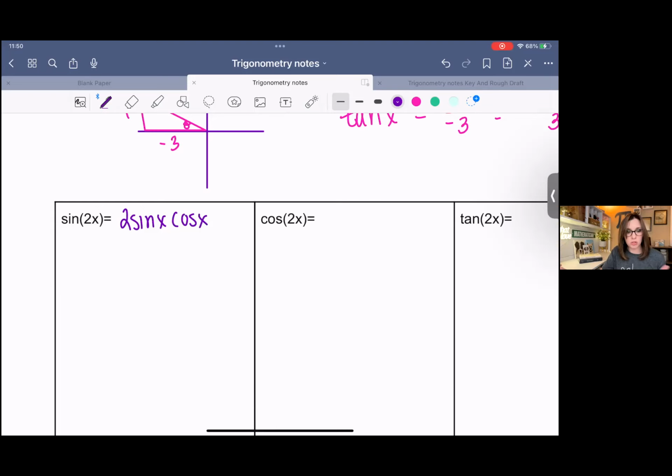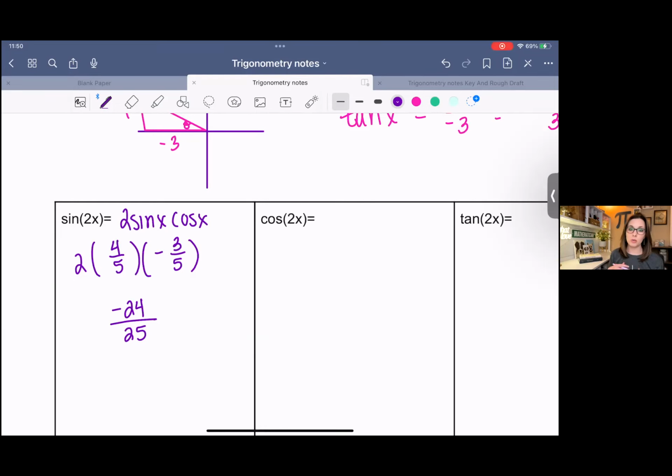Now it's just a substitution game. Sine x is 4/5 and cosine x is -3/5. I'm going to multiply all of that out. 2 times 4 is 8, times -3 is -24. 5 times 5 is 25. That one was simple enough.